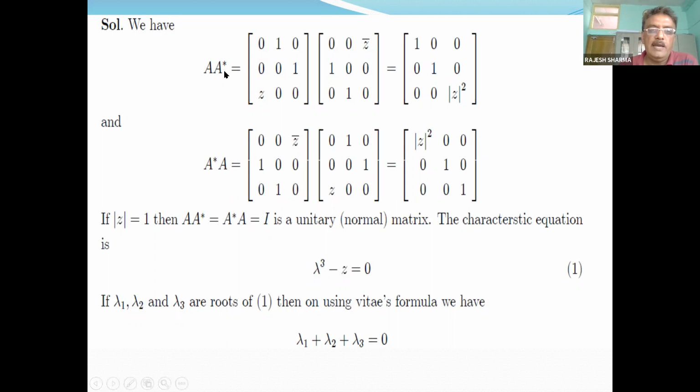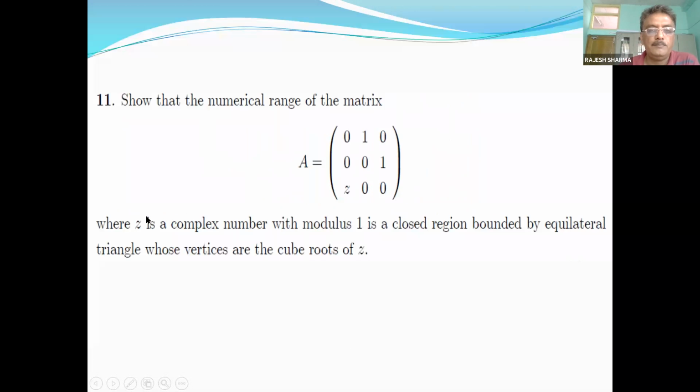Yes, we have A star. If we multiply, this is A star, we get this matrix, and A star A, this matrix. What is given? Z is a complex number with modulus 1.